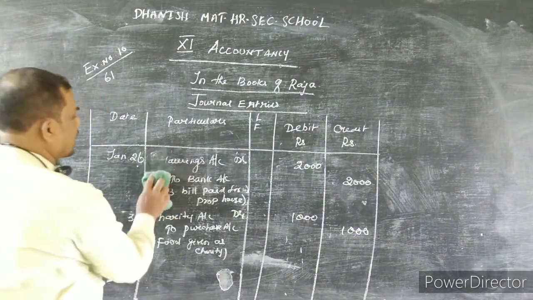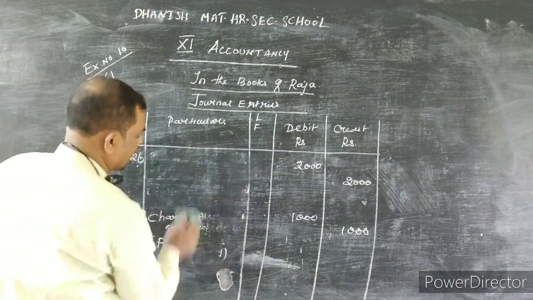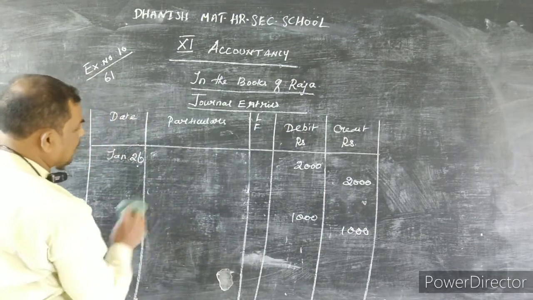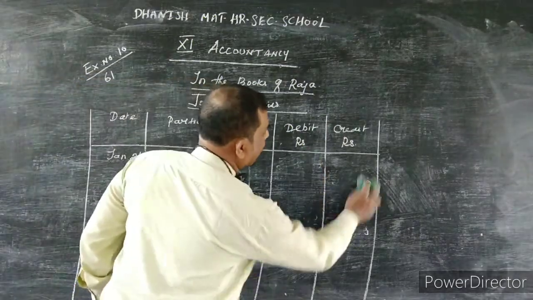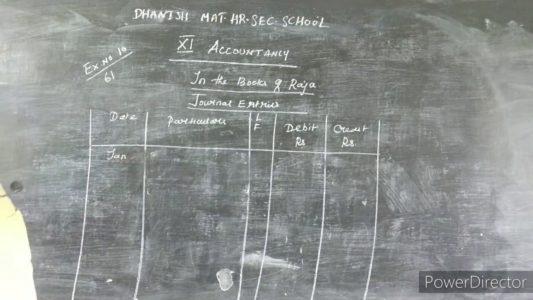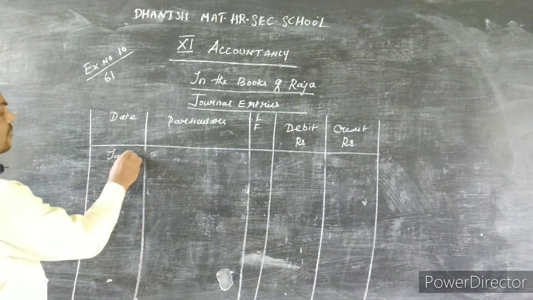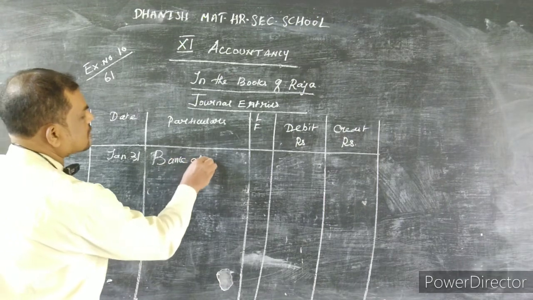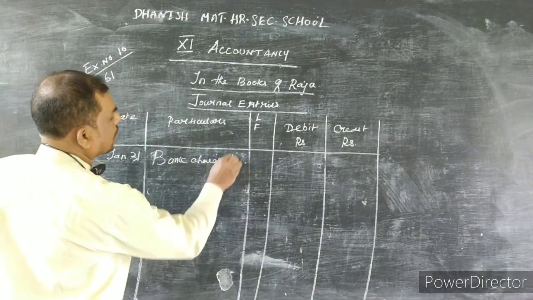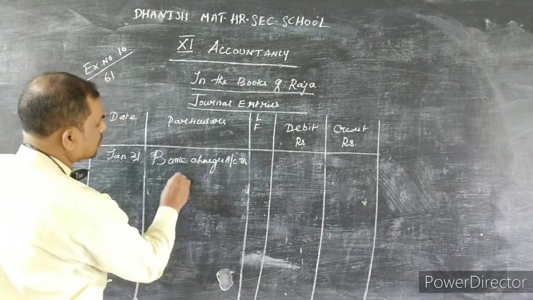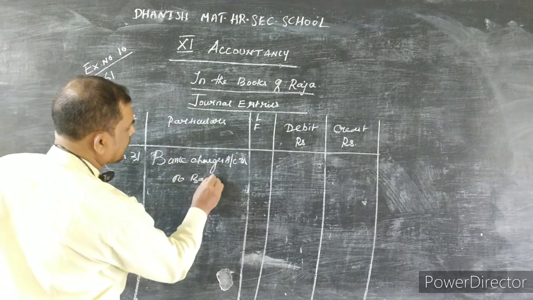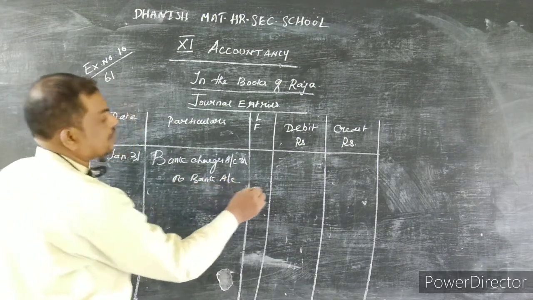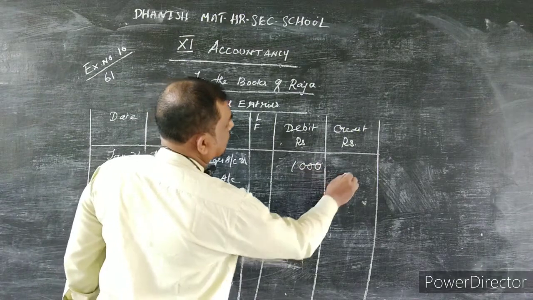Here the last entry is what? The last entry is 31st January. Bank charges account debit to bank account. How much? 1000.